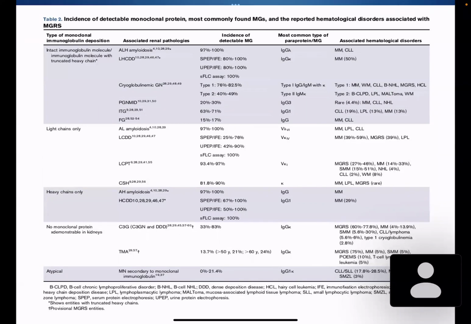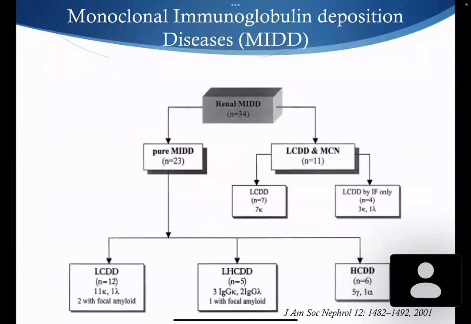Of course, this table needs to be read more than one time to go through the fine data. But collectively, the monoclonal immunoglobulin deposition disorder could be pure, or could be LCDD and MCN all together.